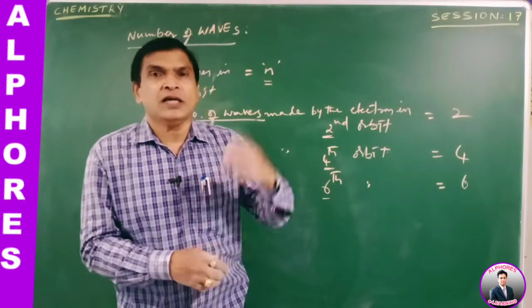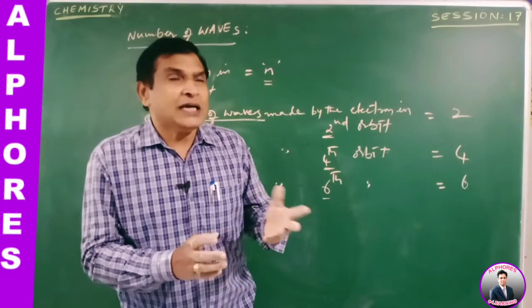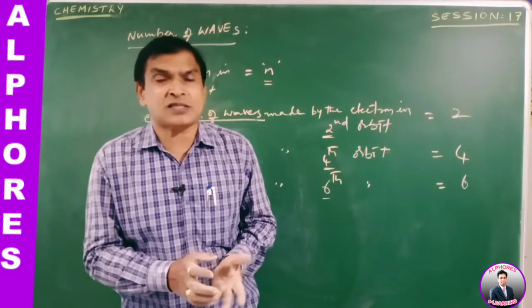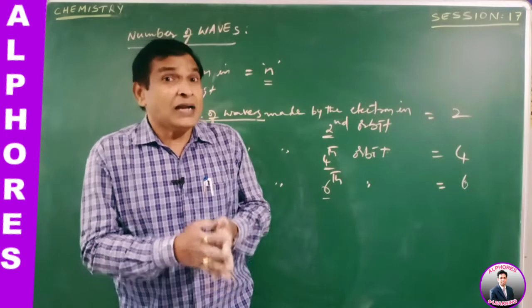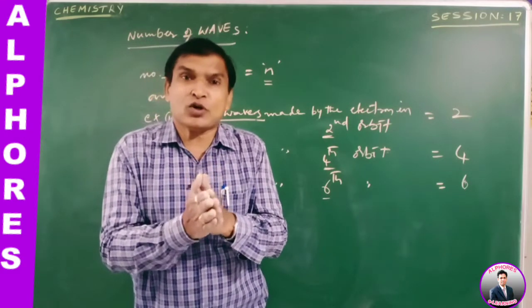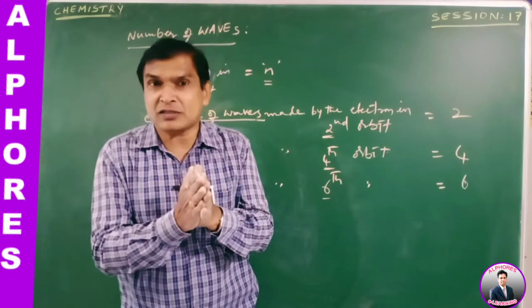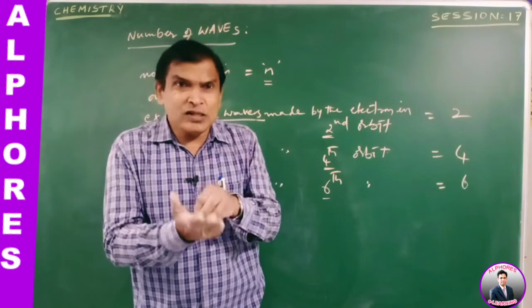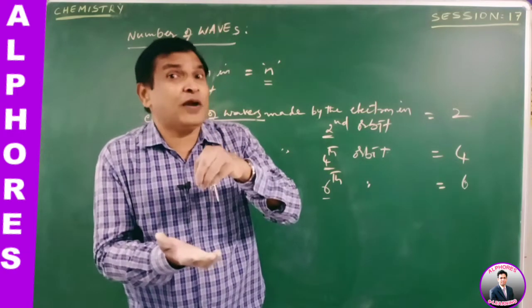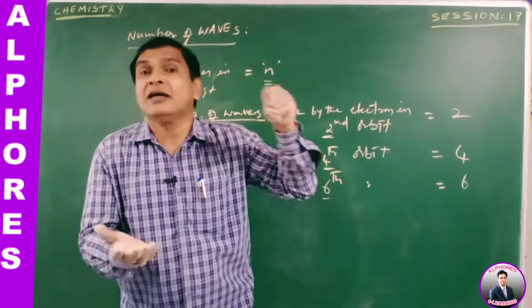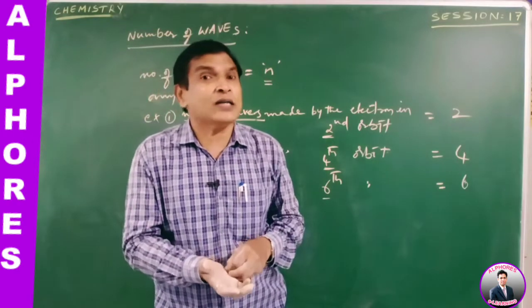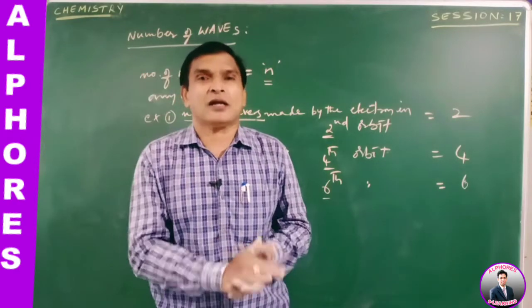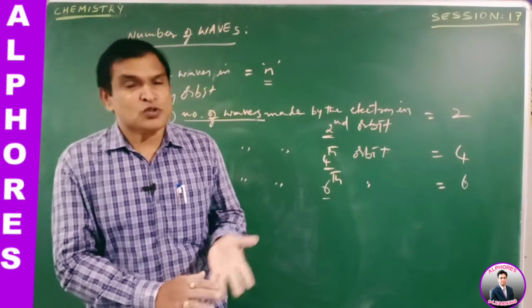Second, in Bohr's theory the electron is revolving around the nucleus and its angular momentum is quantized. But Bohr's theory failed to explain the reason for the quantization of angular momentum in circular orbits.